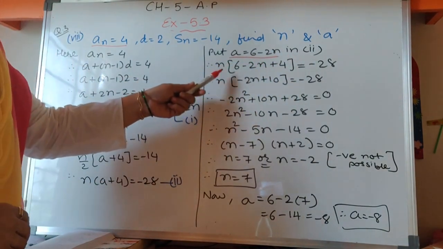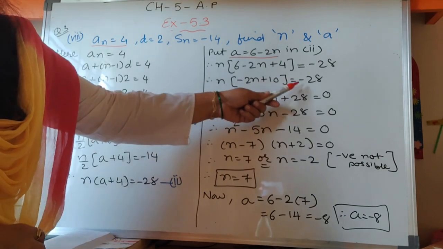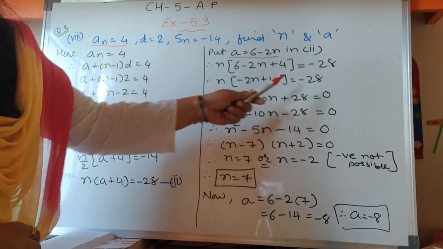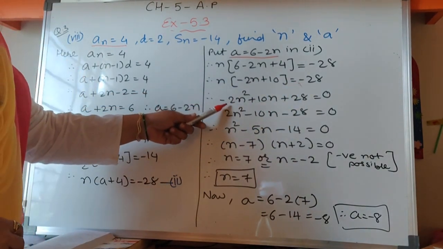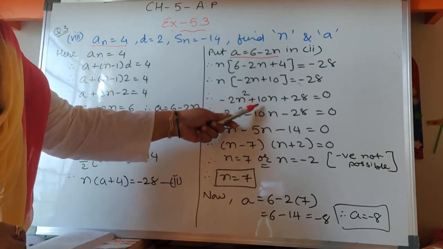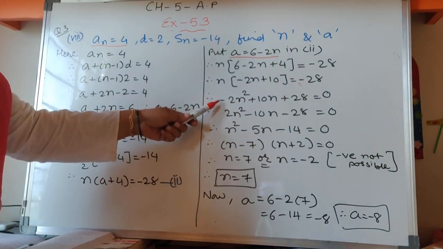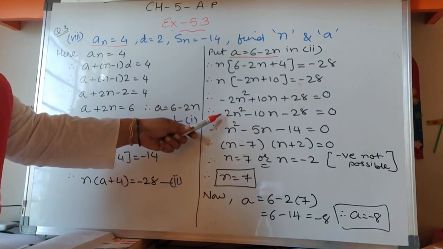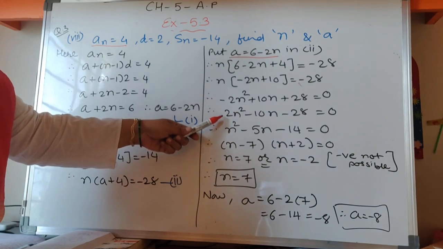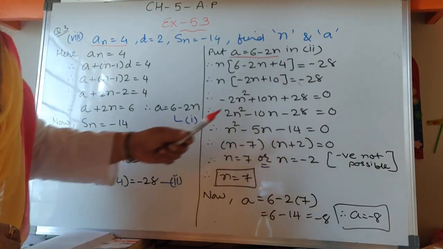And like that I get n into the bracket minus 2n plus 10 is equal to minus 28. After opening the bracket, I get minus 2n square plus 10n plus 28 is equal to 0. As this is minus, I will change all the signs. So now I get 2n square minus 10n minus 28.